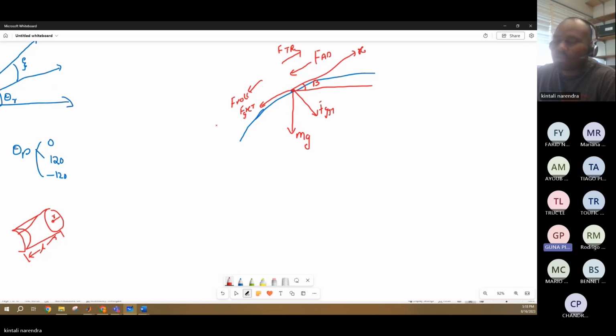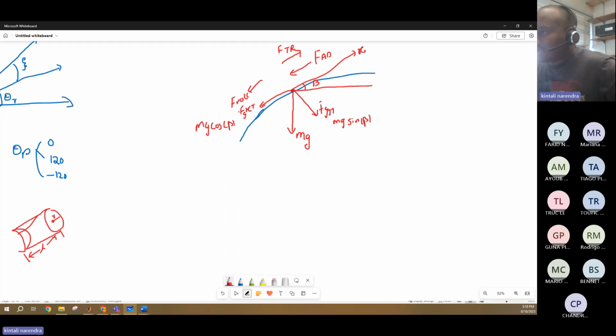You're resolving the mg into two parts, FGXT and FGYT. So FGXT will be mg cos of beta, and FGYT will be mg sin of beta. These are the forces which are acting upon the vehicle.